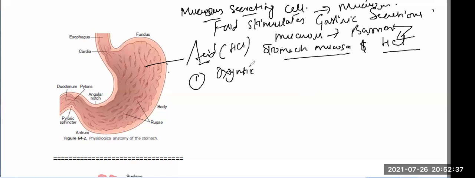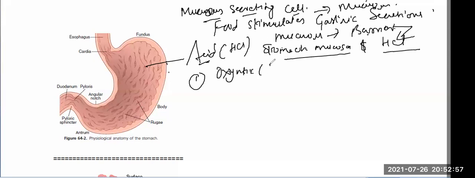Oxyntic means oxy, which means acid forming. So these glands have cells that produce acid, that is hydrochloric acid. And a moment back we said that hydrochloric acid is secreted by parietal cells. So parietal cells are there in your oxyntic glands.